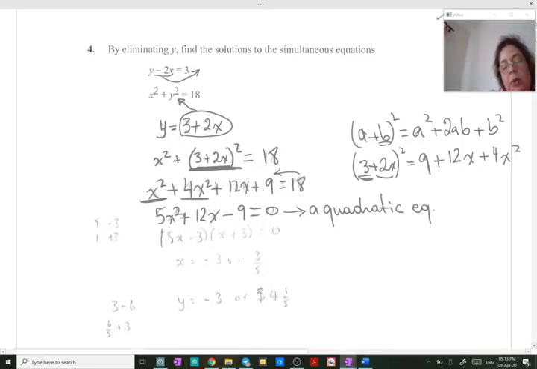So you open brackets and you say, what are the two numbers that when you multiply them they give you 5? So it's 5 and 1, and x times x gives you x squared. Then what are the two numbers that when you multiply them they give you minus 9? It's minus 3 times plus 3.